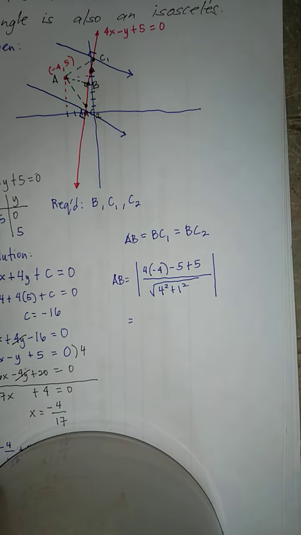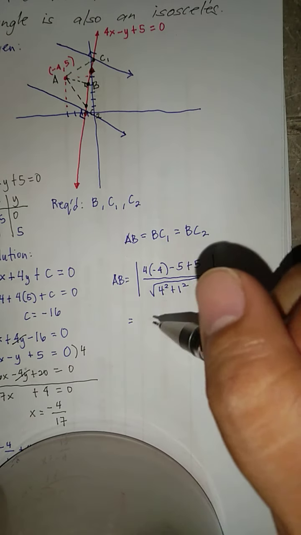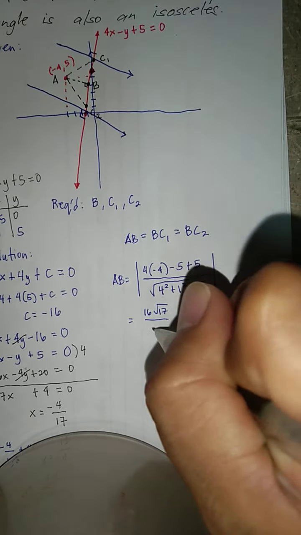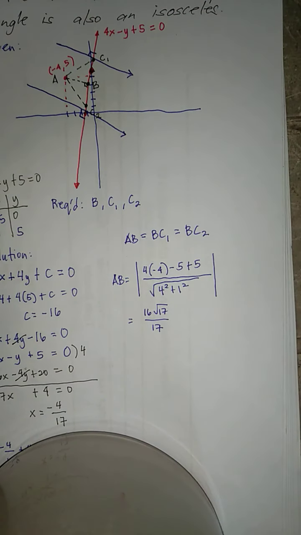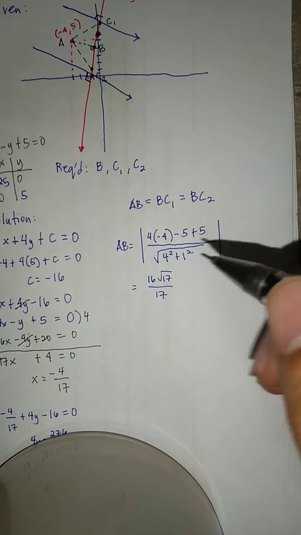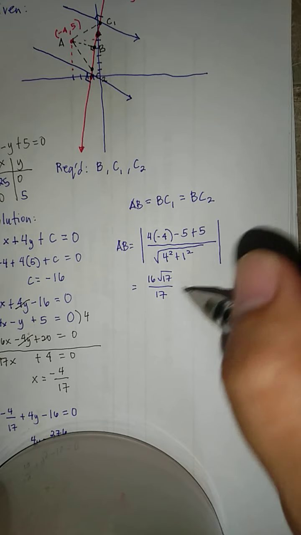So this one will actually give you 16 square root of 17 over 17.